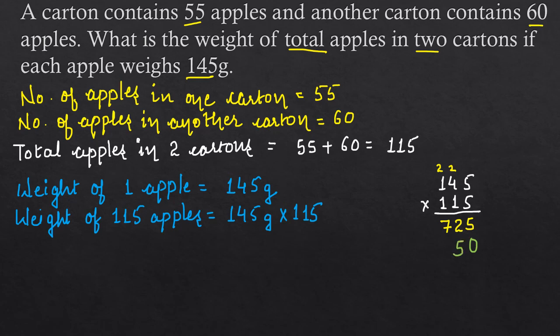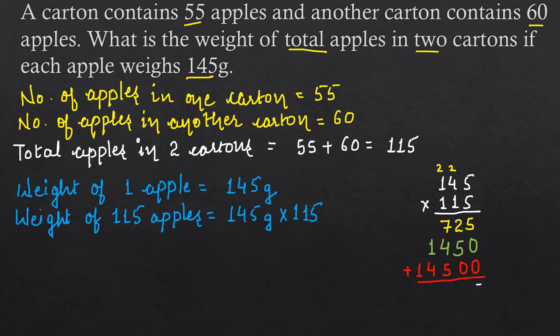So 1 into 5, 5. 1 into 4, 4. 1 into 1, 1. Now for multiplying with the next one, which is at hundreds place, we have to put 0 at ones and tens place. And now start the multiplication. 1 into 5, 5. 1 into 4, 4. 1 into 1, 1. And add them.